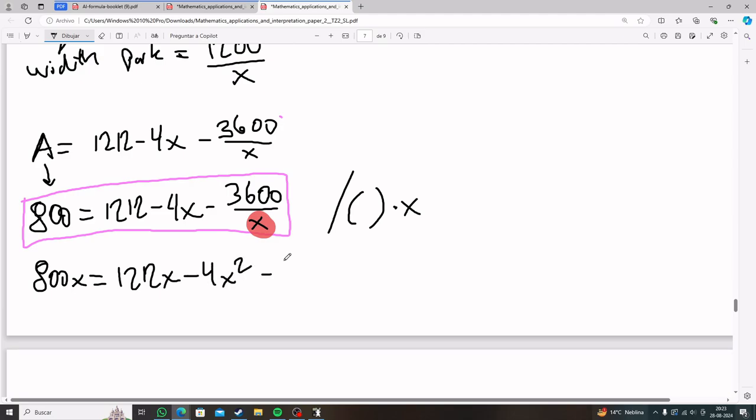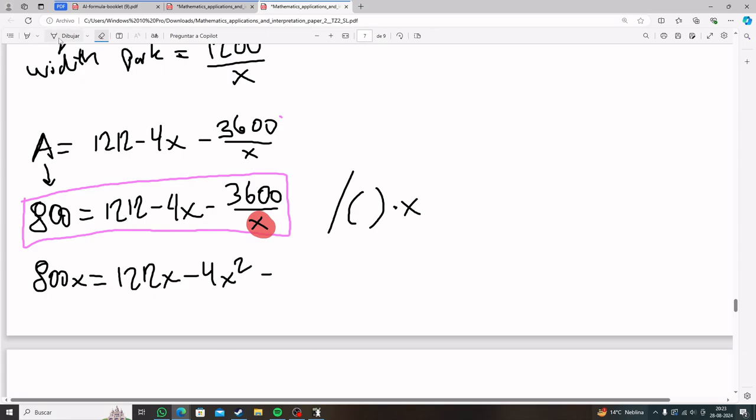And over here, you have 3,600 divided by x times x. But if you have divided by x and times x right next to each other, then boom, you only end up with 3,600.